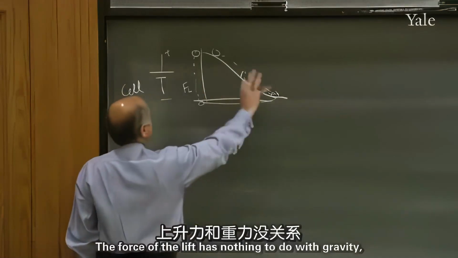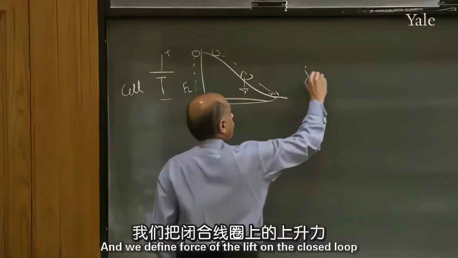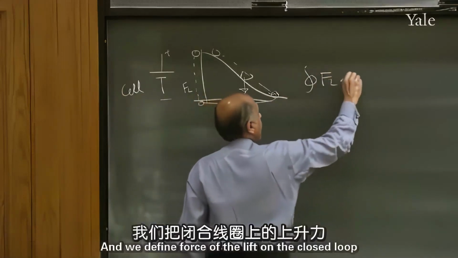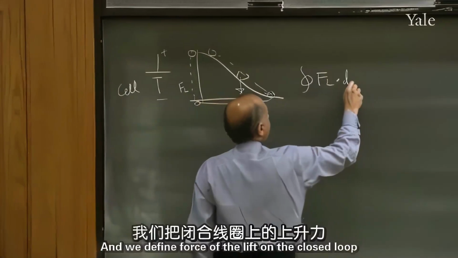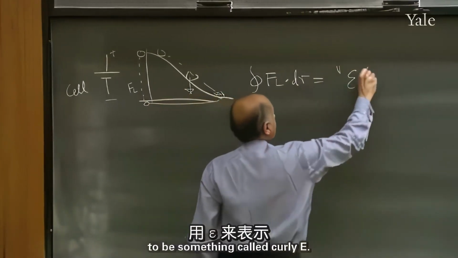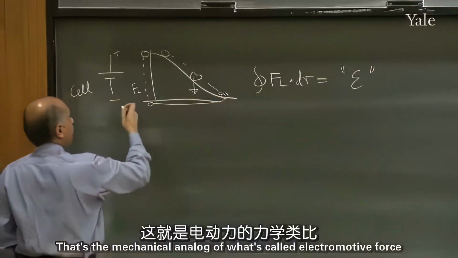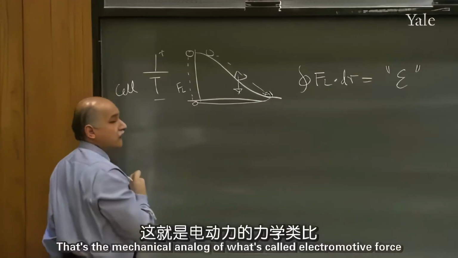The force of the lift has nothing to do with gravity. It's driven by some other engines and so on. And we defined the force of the lift on the closed loop to be something called curly E. That's a mechanical analog of what's called electromotive force.